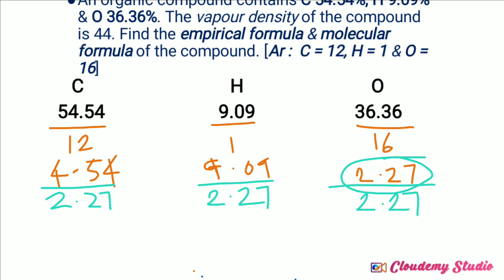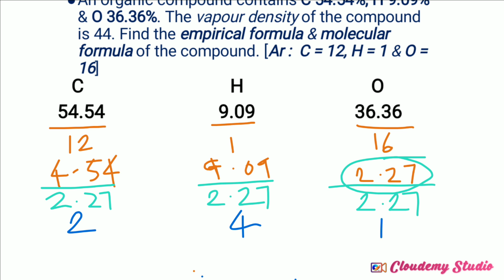When we divide 4.54 by 2.27, we get 2. Here we get 9.09 divided by 2.27, that is 4, and 2.27 divided by 2.27, that is 1.